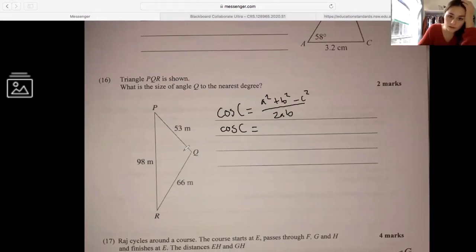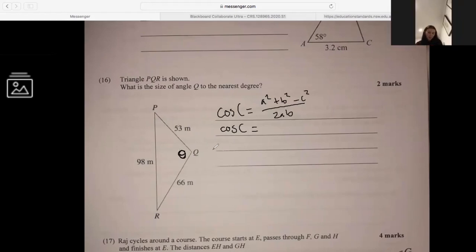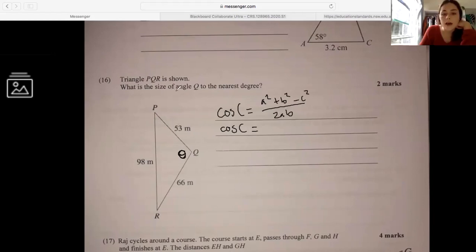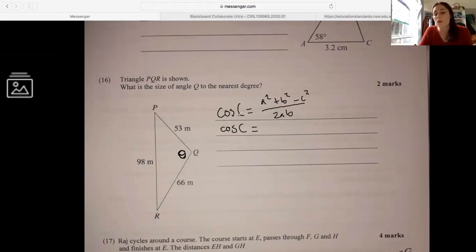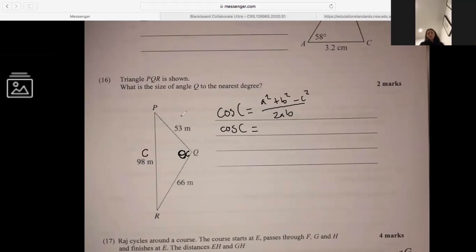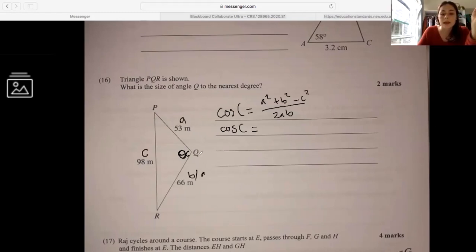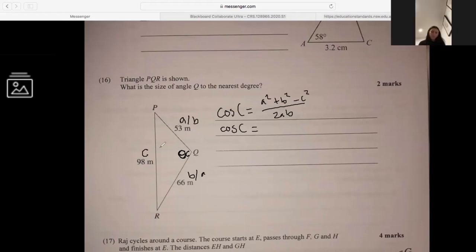Can I just do any corner for a squared? So we want to find the angle of Q. This here is going to be angle C, because if you look in our formula, we're finding cos C, which is essentially finding the angle C. If an angle is C, the opposite side to it is side C. So this here would be side C, which means this here would be A or B, and it doesn't matter which is A or B. They can change, as long as you've got the C correct.